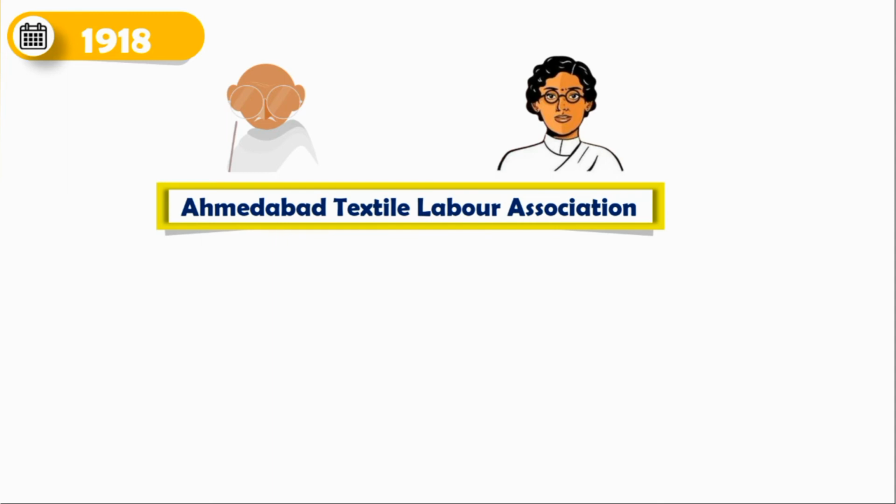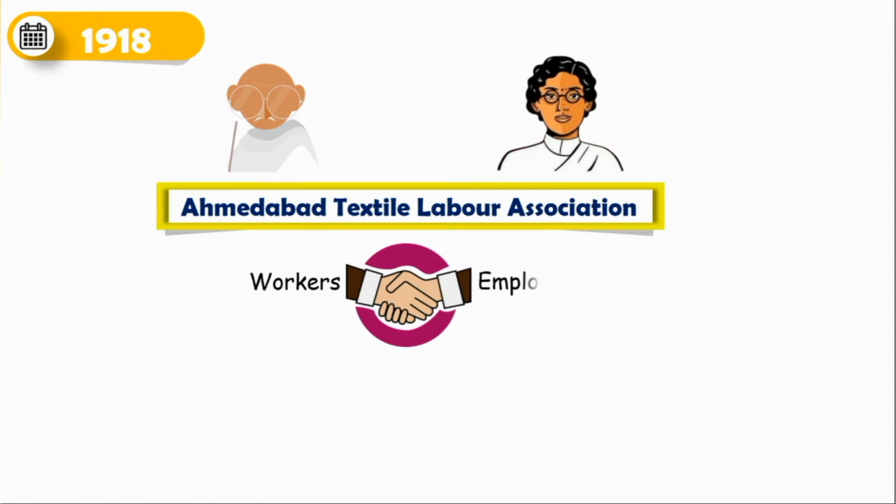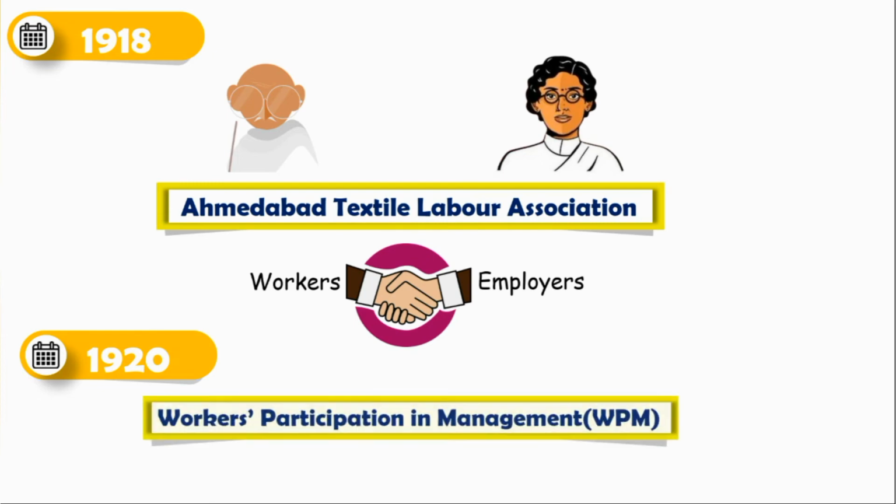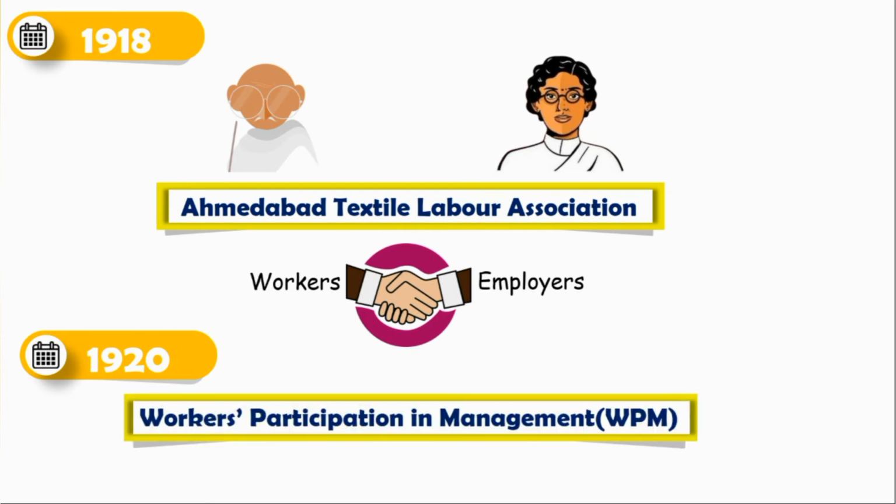Ahmedabad textile workers and employers agreed to resolve dispute through joint participation. And right after that, in the year 1920, Mahatma Gandhi introduced the concept of workers' participation in management in India.